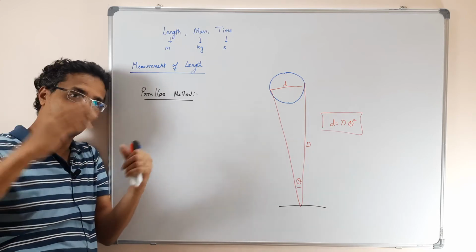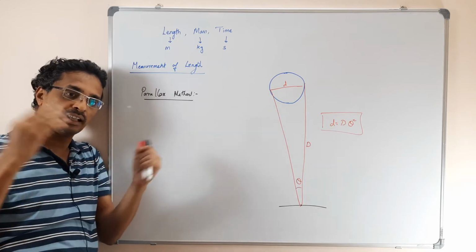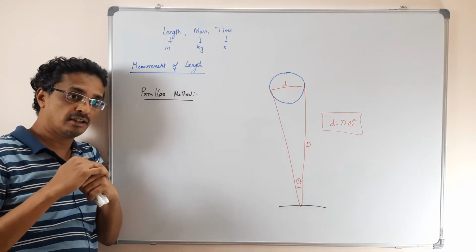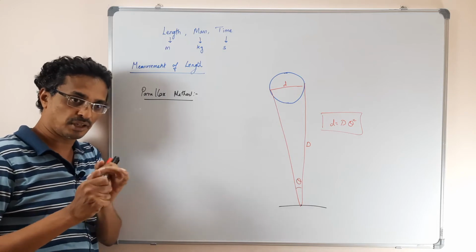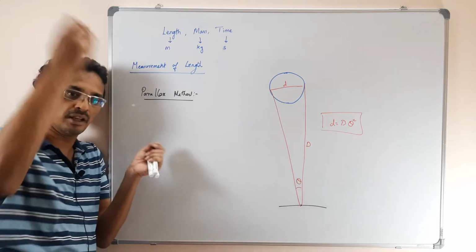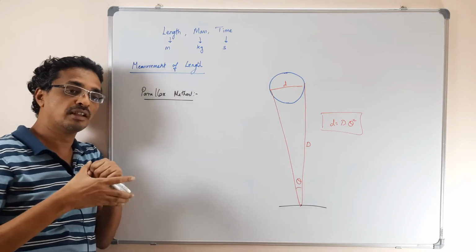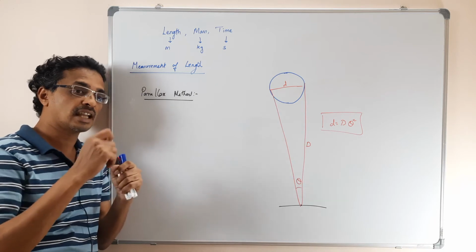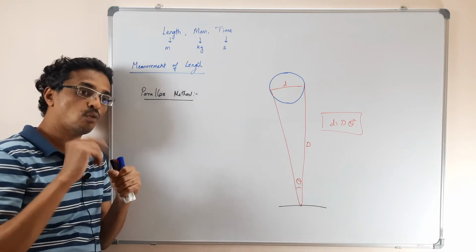If I go out of the galaxy, the galaxies are millions of light years away. A light year is another unit of distance. When you have large distances, you can't use kilometers or meters, so we use the light year. One light year is the distance traveled by light in 1 year.